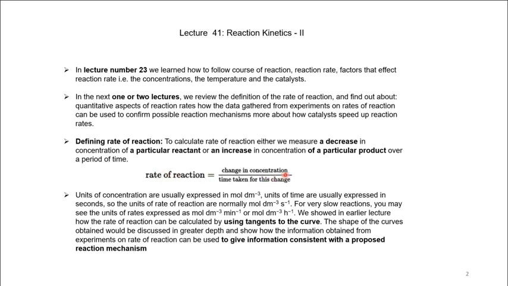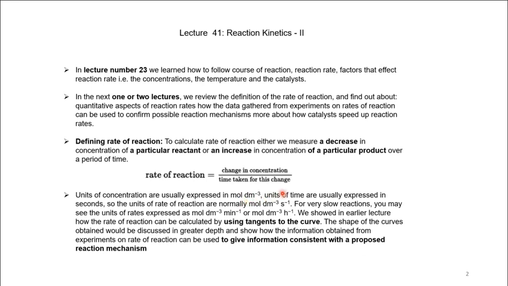Okay, we have to remember that we must be careful about the unit when we discuss the rate of reaction. The unit specifically, very carefully, we have to note it down. We know the concentration units are expressed in mole per cubic decimeter.